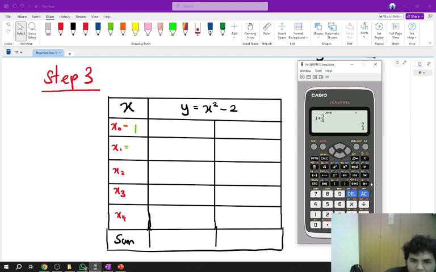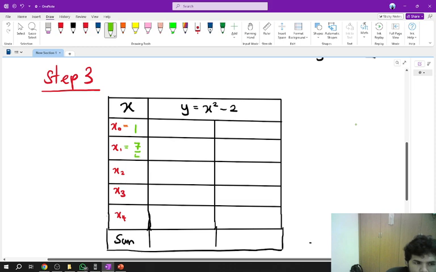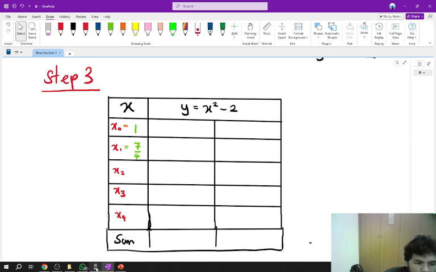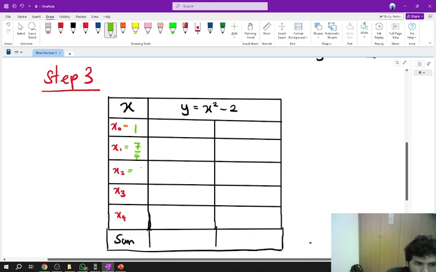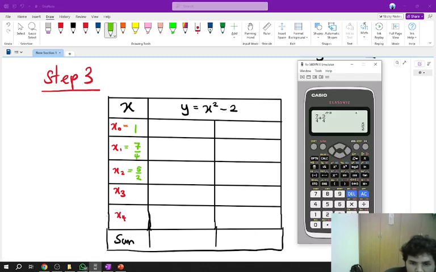So x1 is 7 over 4. And we keep repeating: 7 over 4 plus h, 3 over 4, we have 10 over 4, or 5 over 2, for x2. Keep repeating: plus 3 over 4 for our h, we have 13 over 4.